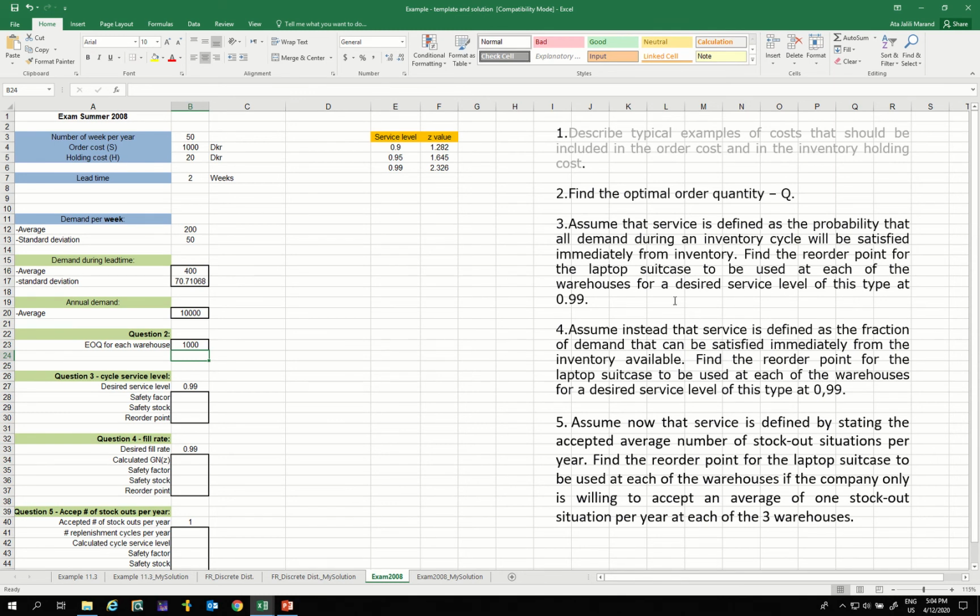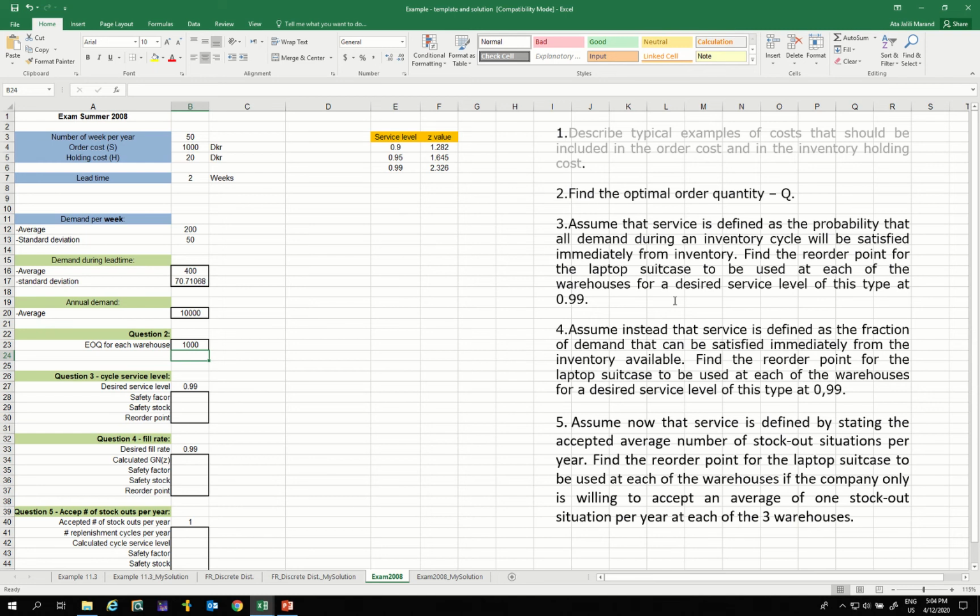Question 3. Assume that service is defined as the probability that all demand during an inventory cycle would be satisfied immediately from inventory. It says all demand. It means that there is no shortages. The probability of having no shortage in an inventory cycle, which is the definition of the cycle service level.